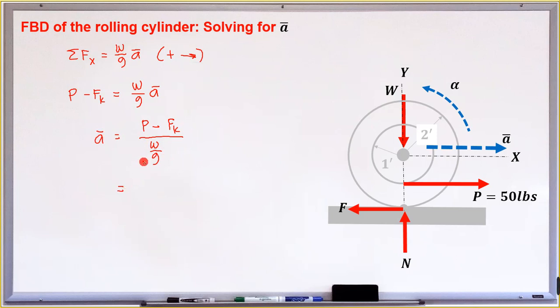P is 50 pounds, Fk is 25.76, and the weight of our rolling cylinder is 128.8 over 32.2.